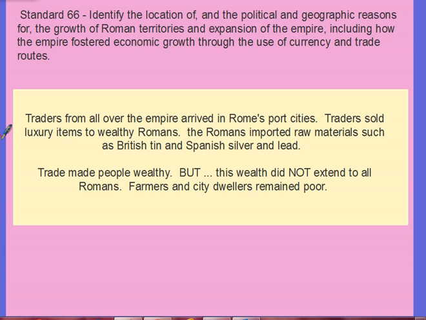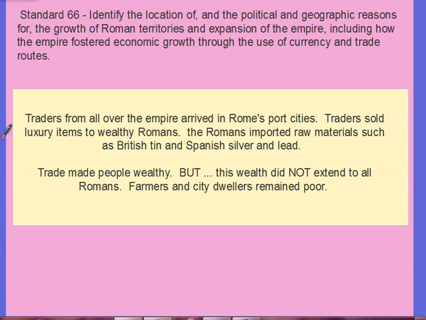Now here was the problem. Rome did become wealthy. Unfortunately though, all that money that they were getting in was not distributed out to everybody. Your farmers and your city dwellers still remained poor.